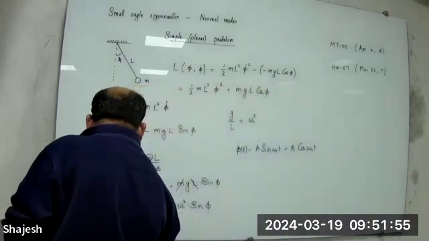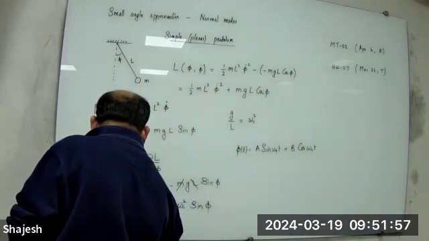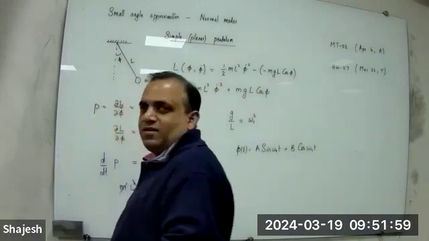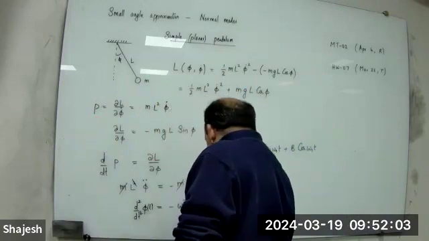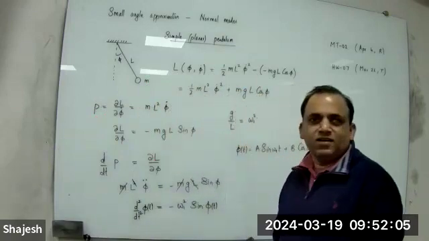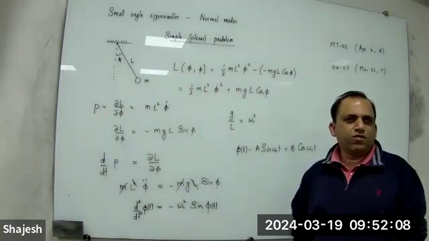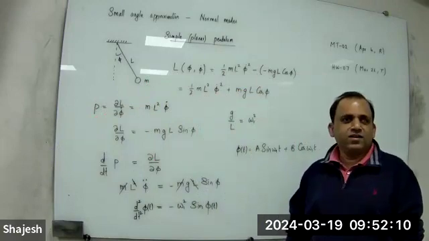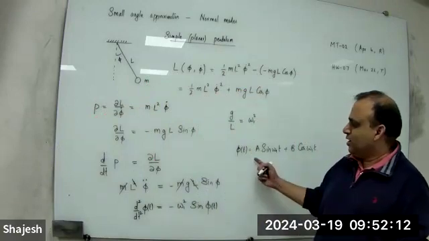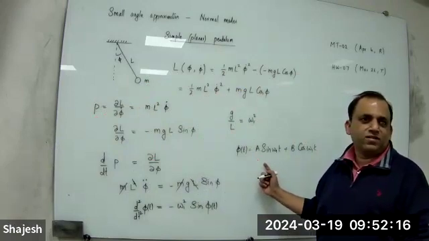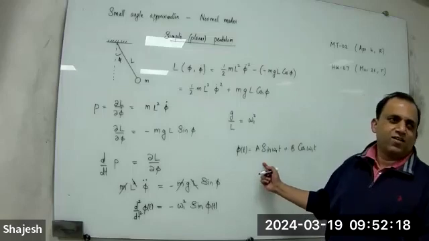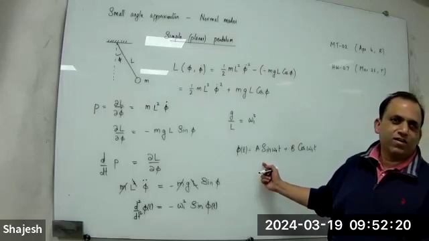So this is the second derivative, and this is sine of phi. And that's the differential equation that we derive. And typically we say that's your solution for the pendulum, right? I'm saying that's not correct. What's wrong?